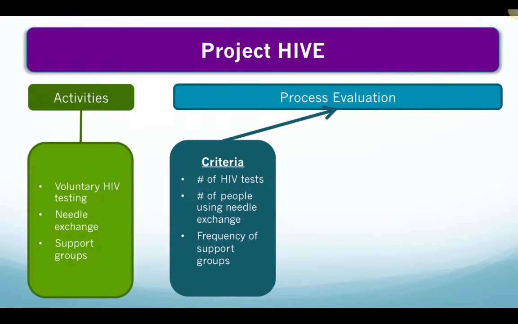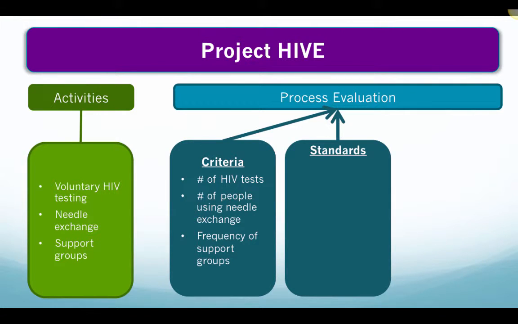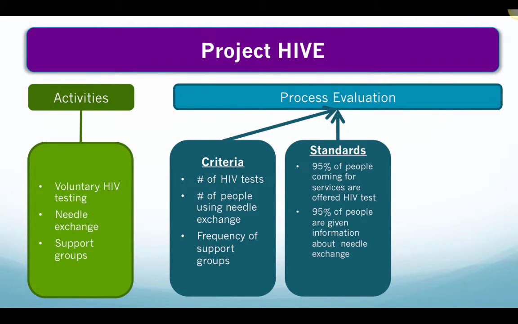So in order to make a judgment on these activities, we would then set the standards. In the case of Hive, the program developers have determined that they want 95% of the people using the needle exchange program to be offered an HIV test, 95% of the people coming into the program given information on the needle exchange, and support groups to be available to people on a bi-weekly basis.